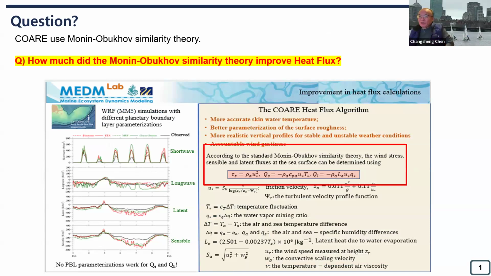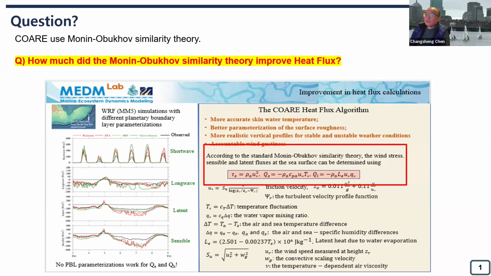I can probably address the question. The reason we use the CORE program is that we want to improve the heat flux calculation, mostly latent and sensible heat flux, not shortwave. Shortwave is not hard to calculate. The skin temperature is related to the sea surface.